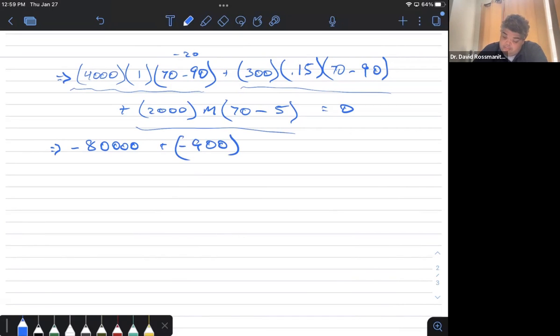And in the third term, we're going to have m times some number. What number? Well, 70 minus 5 is 65. And we have 2,000 times 65. So 2,000 times 65 gives us 130,000. So those are the three things. Set it equal to 0.